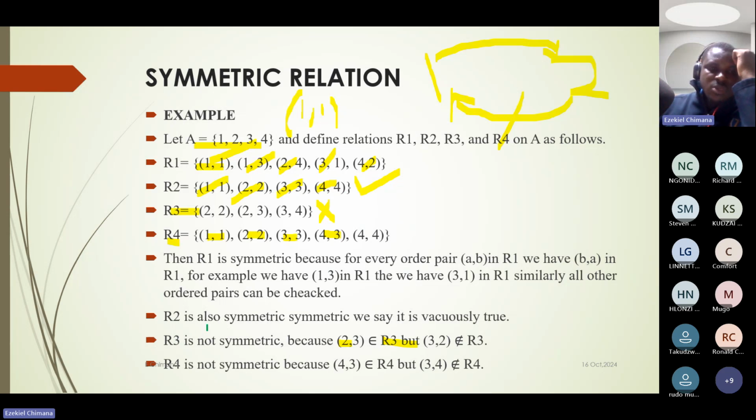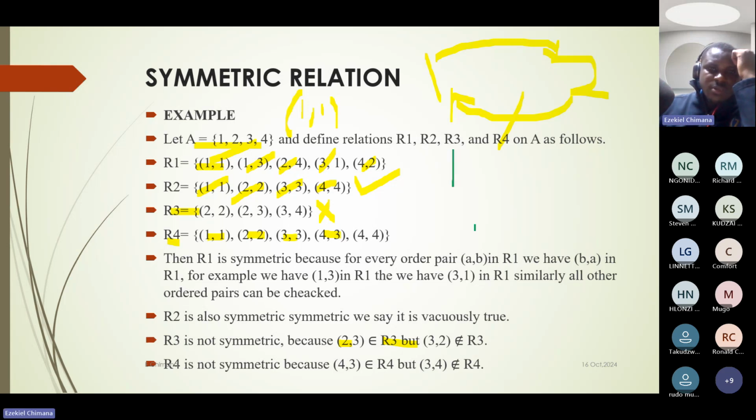R2 is also symmetric. The other one which is symmetric is R1. Okay, let's do it for R1.